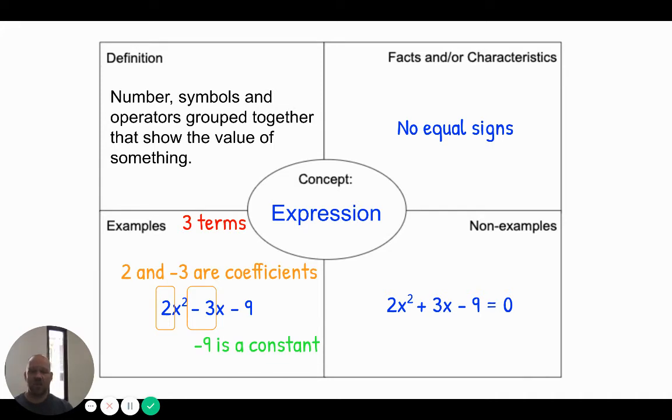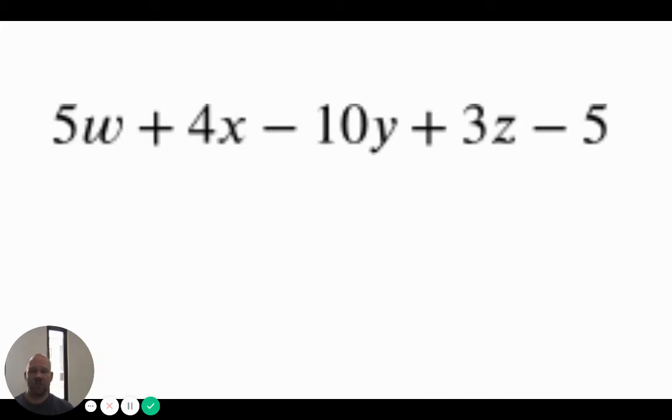In the second term, we have a minus 3 as the first part and an x as the second part. So that first part is the coefficient, minus 3. What it means when you have a coefficient right next to a variable like that is that you're multiplying those 2 things together. So in this problem, I'm actually multiplying 2 and x squared. So I'm going to ask you a couple of questions about this algebraic expression.